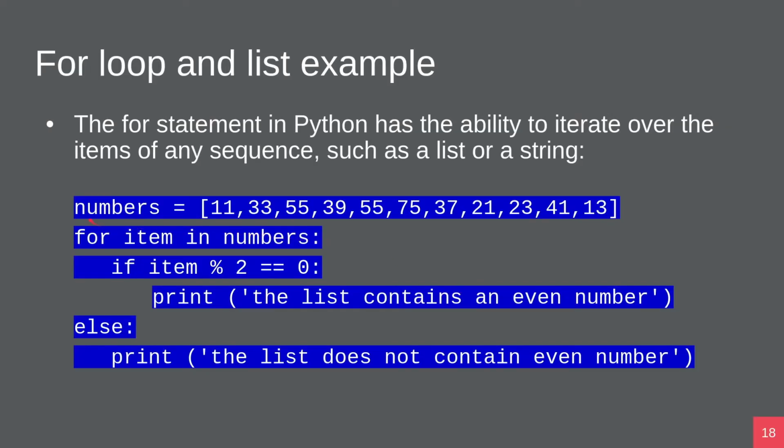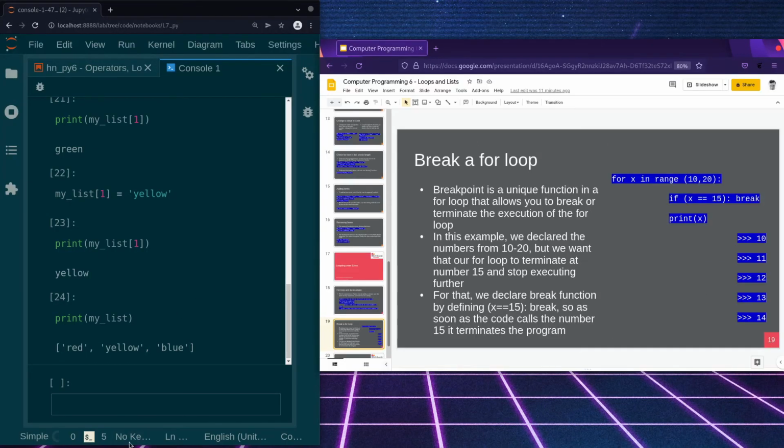So here's an example where I've got some numbers. I'm just going to say for item in numbers, if item modulus 2 is 0, print the list contains an even number. So the modulus, hopefully we remember, is just the remainder after a division.